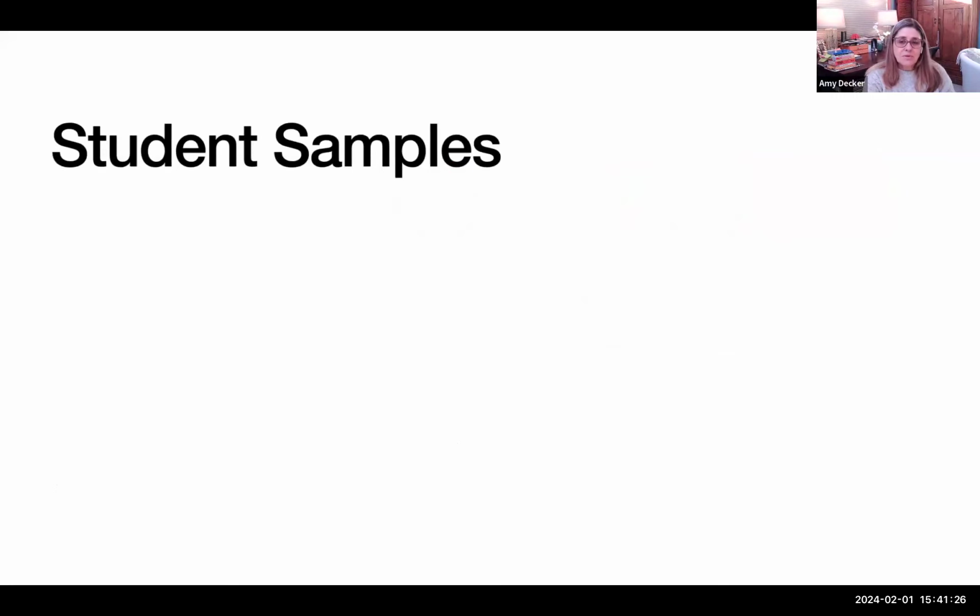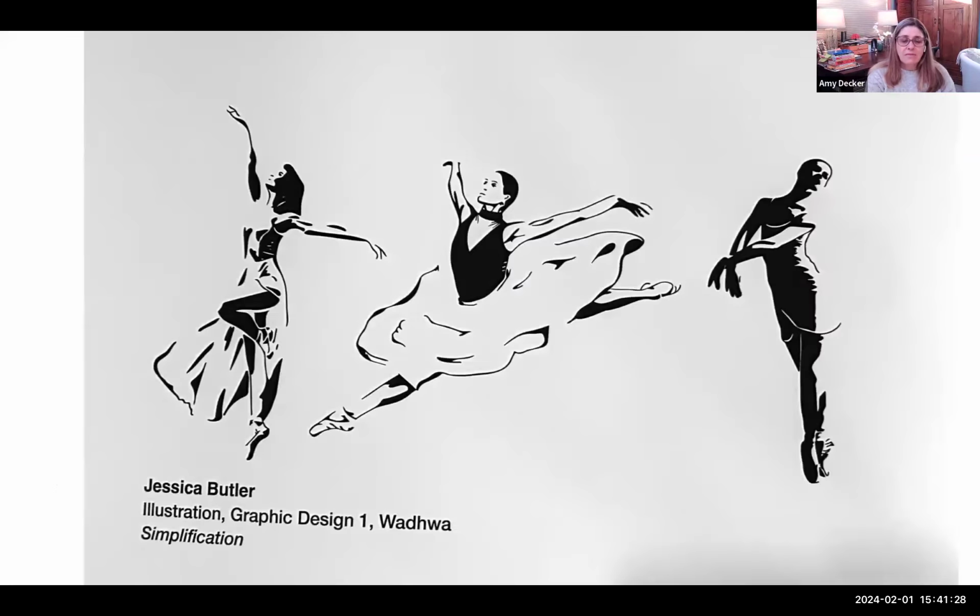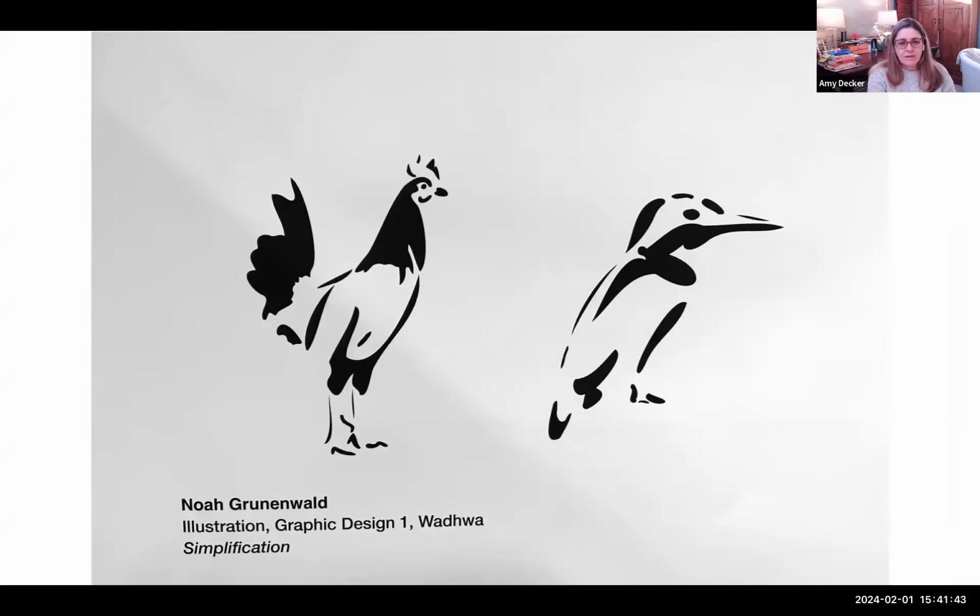Now, these are some examples that I found in the hallway of our students that worked on this project last year. So here's simplification of a dancer by Jessica Butler. Here's an illustration of birds, a rooster and another bird.